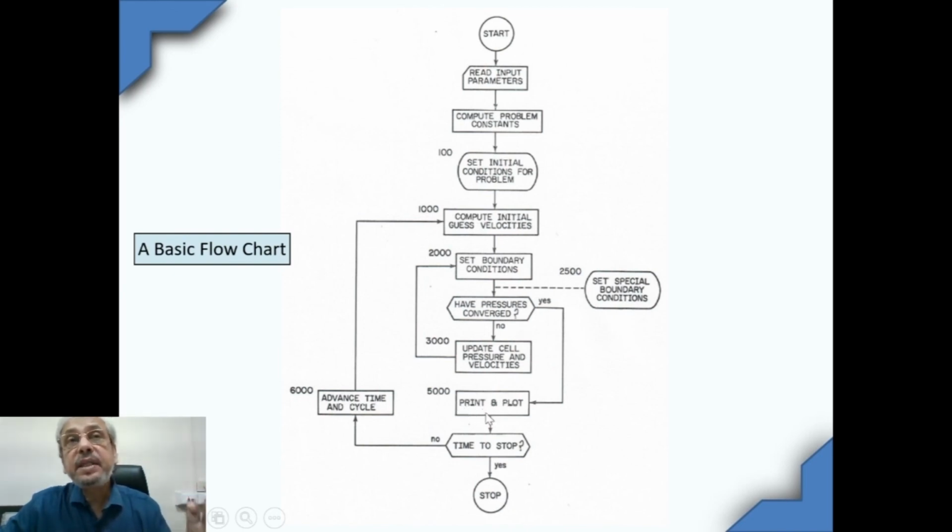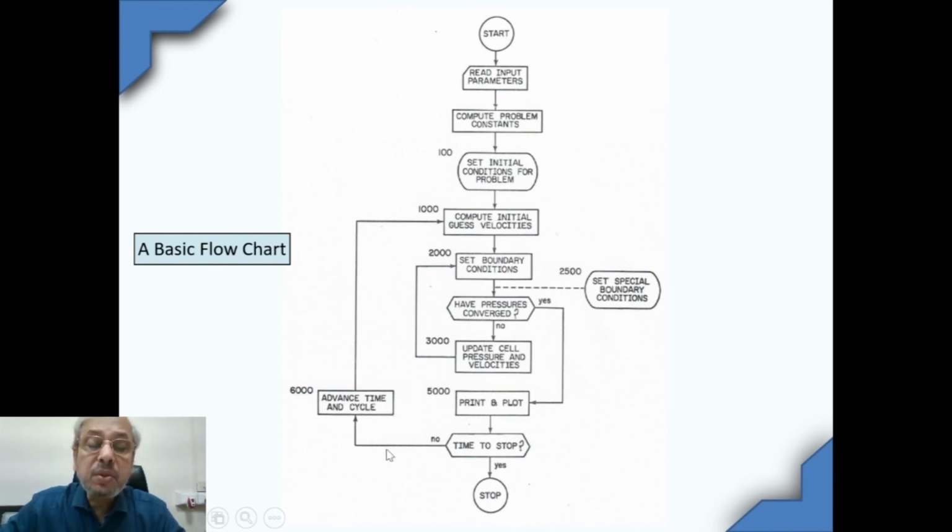But if that is not the right physical situation, that is, if it is unsteady flow, then of course it will keep on continuing. If it is a steady flow and we need some more iterations to reach the steady state condition, then we will activate the outer loop again, to advance the time cycle.